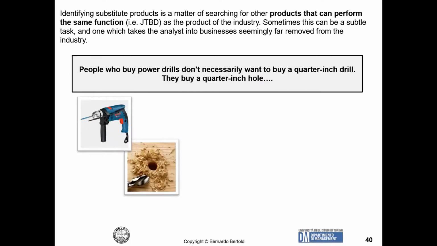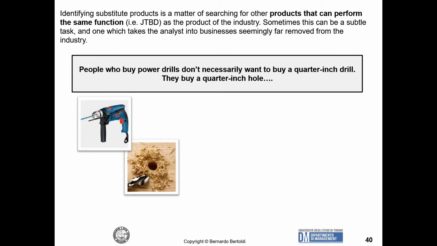The way in which you can analyze and identify your substitute industry is to understand what the customer is trying to do with your product. Here, the idea comes from the famous Marketing Myopia article by Professor Levitt in the 1960s, in which Professor Levitt said people who buy a power drill don't necessarily want to buy a 1/4 inch drill, they buy a 1/4 inch hole.